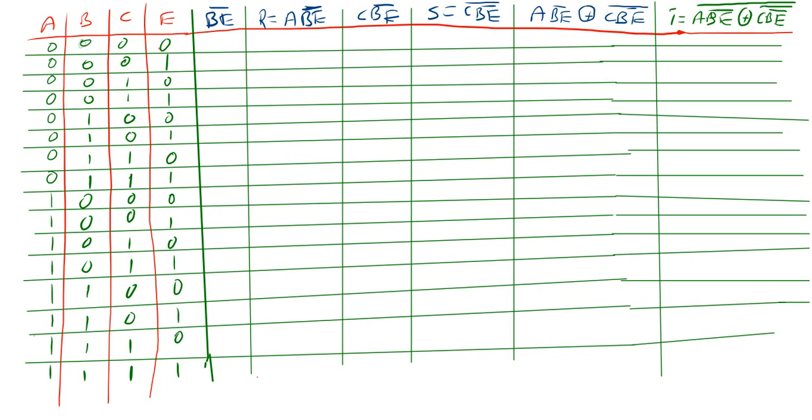So we are going to take the input of B and E, and we multiply, and what we get, we complement. So for example, if we multiply 0 with 0, we normally get 0, and when you complement 0, you get 1. So at all points where you are getting 0, you will complement and get 1, and at the point where you multiply and get 1, you will complement and get 0.